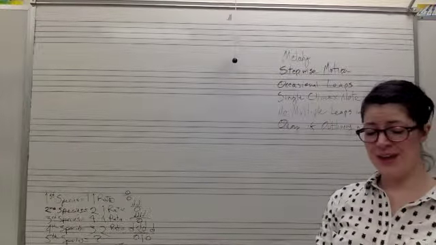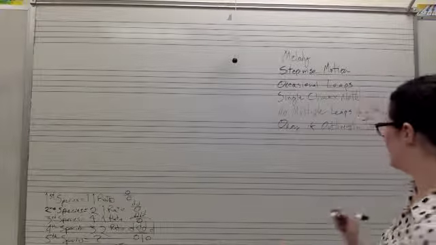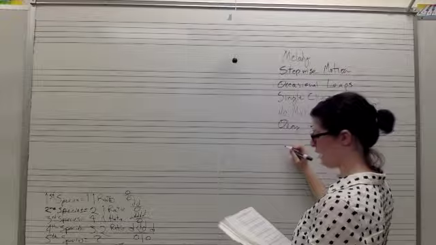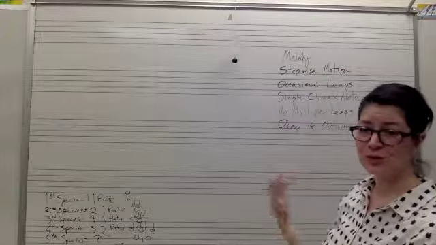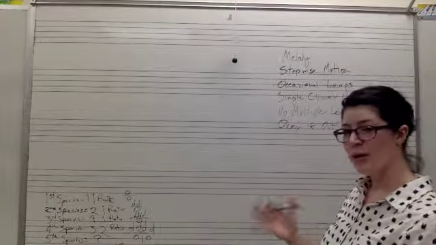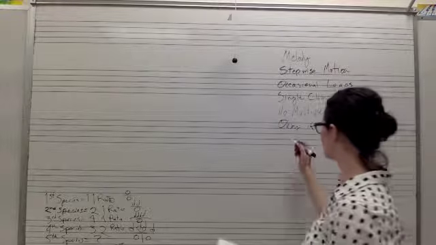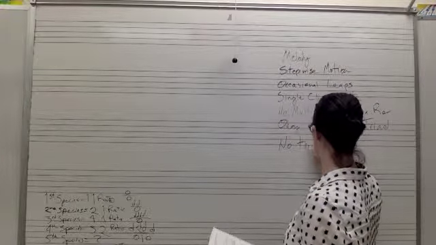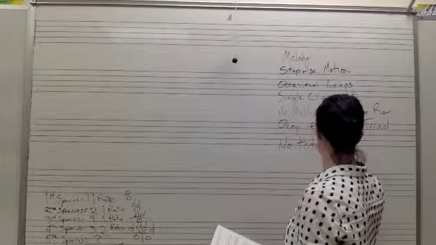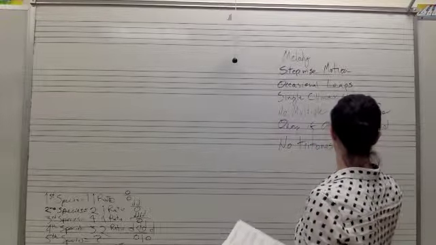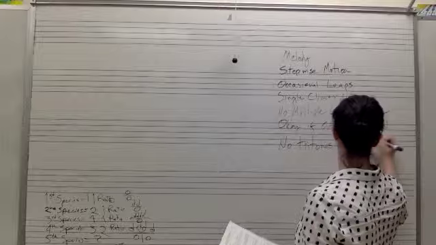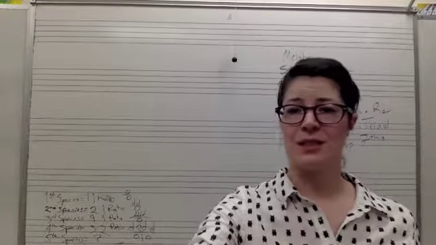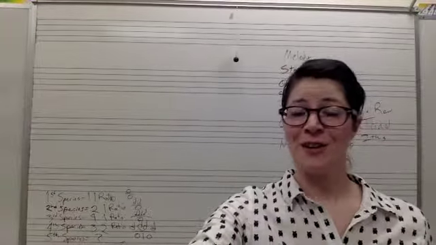Now the one thing that you cannot do is your melody cannot move in tritones, meaning augmented fourths or diminished fifths, or major or minor sevenths. So no tritones. No sevenths. And this is because they were originally writing these pieces for people to sing, right?